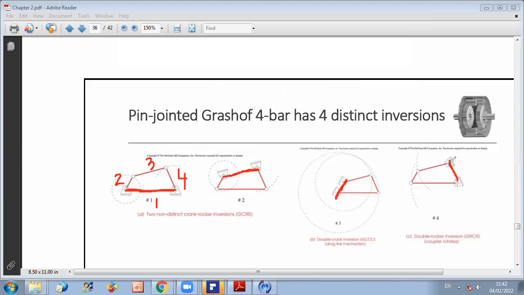Now, if we want to know if they are producing different outputs or not, we should study for each case what will be the output motion. So this is what we will do in detail by calculation, by introducing the Grashof condition.